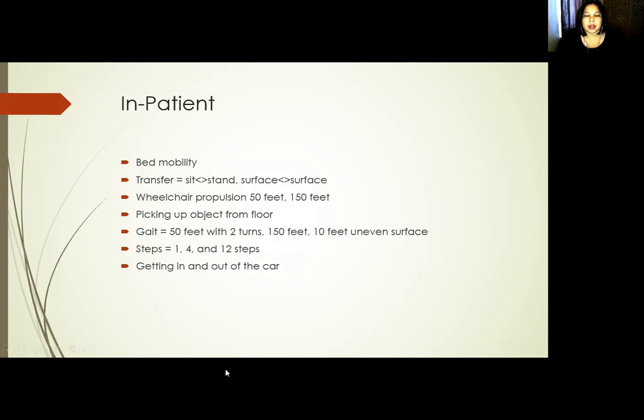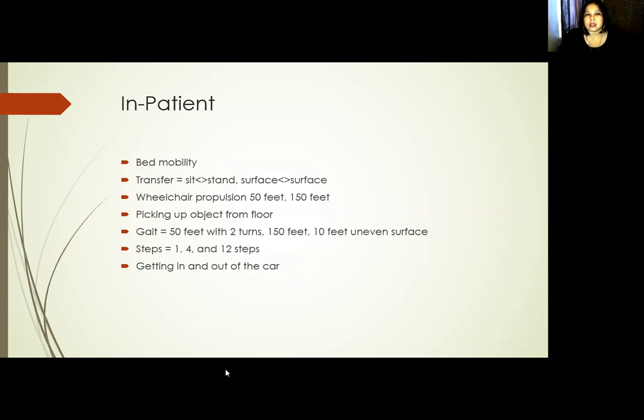Okay. In my inpatient rehab, these are the functional levels that I need to assess during evaluation. And this is related to their quality index scoring. So the bed mobility, the transfer, the wheelchair propulsion, 50 feet, 150 feet, picking up an object from the floor, gait, 50 feet with 2 turns, 150 feet, gait on compliant or uneven surface for 10 feet, steps 1, 4, and 12, and getting in and out of the car.